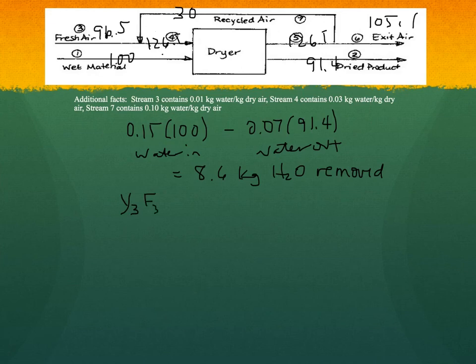That's how much dry air is in the fresh air feed, and that comes out to be 95.5 kilograms of dry air. There's 96.5 kilograms of moist air, 95.5 kilograms of dry air. And then again, how much dry air is in the recycle? Well, we have Y7 times F7, and that turns out to be 27.3 kilograms of dry air.